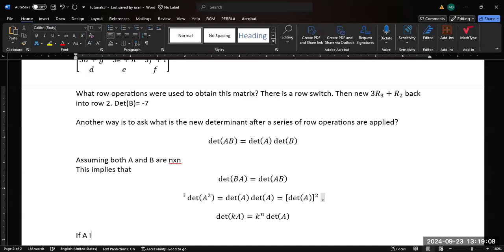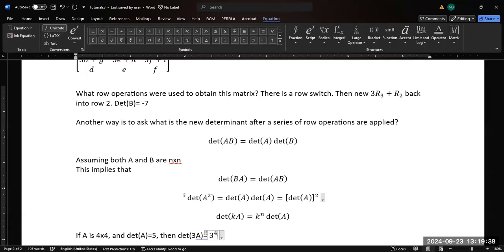So if A is 4 by 4, and let's say det A equals 5, then the determinant of 3A is going to be 3 for every row. So it'll be 3 to the 4th times 5. And 3 to the 4th is 81, and 81 times 5 is 405.